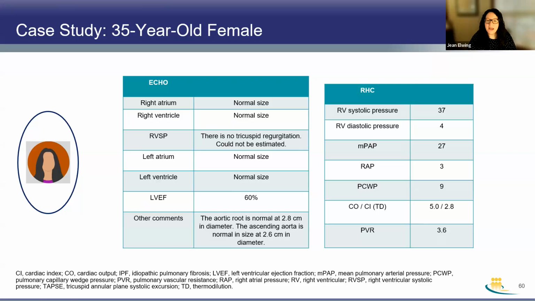So this is a really nice example of how the echocardiogram does not give you all the answers. And many will be driven by presentation, oxygen assessment, and your other parameters. So she meets criteria for pulmonary hypertension with a mean pressure of 27, her wedge is low at 9, and her PVR is elevated at 3.6.